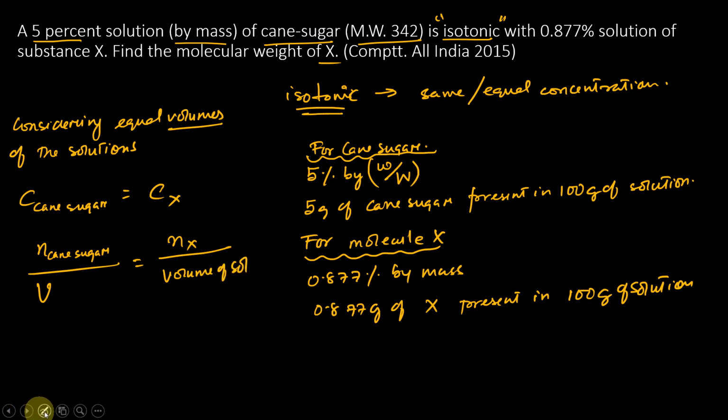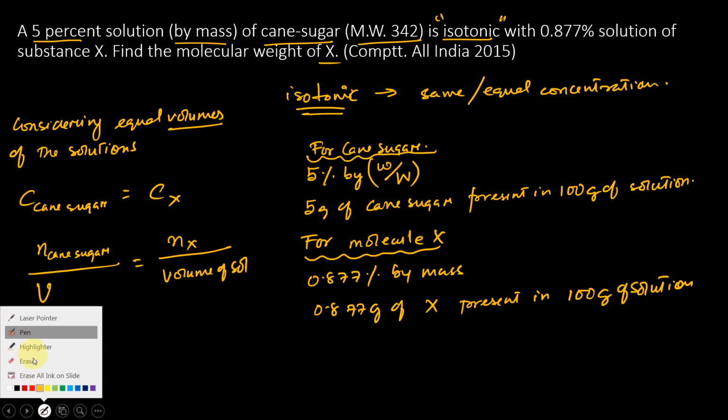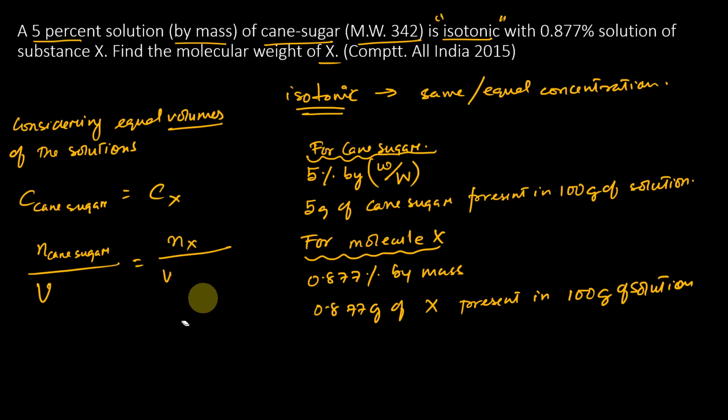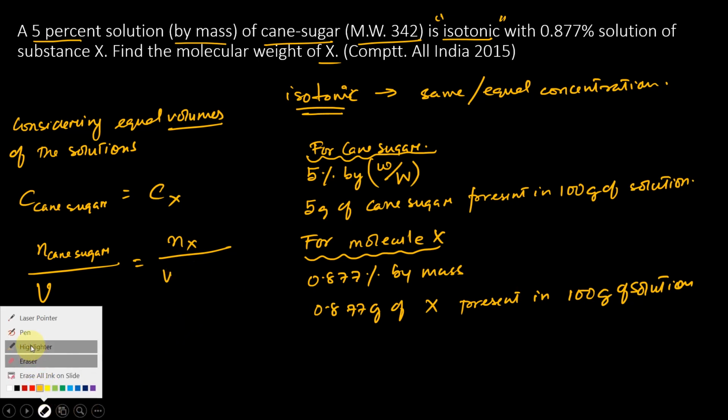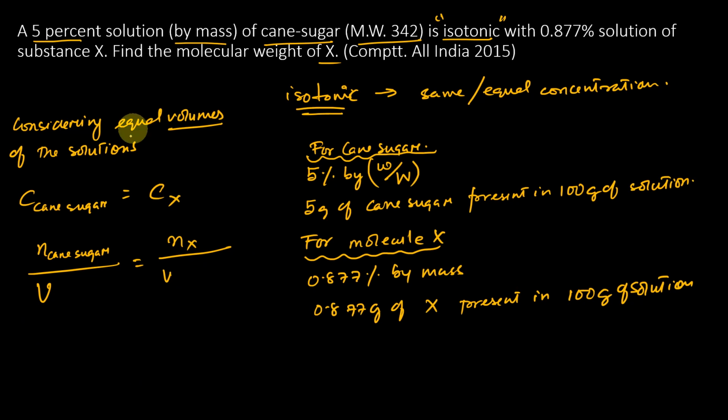So rather than that I can write simply V, okay? क्यों मैंने V लिख दिया, because दोनों का जो volume है वो equal है, so V and V will be cancelled. So number of moles of cane sugar will be weight of cane sugar divided by molar mass of cane sugar is equal to number of moles of X will be weight of X divided by molar mass of X, okay?